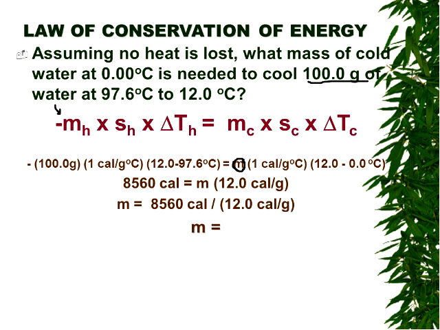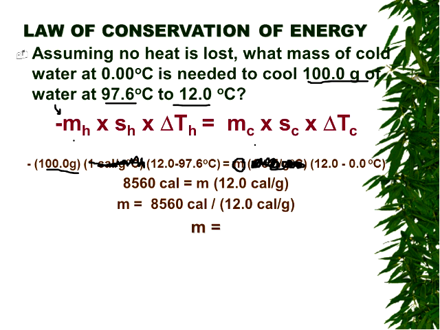So I need to make this one my 100 grams, because now it's two different types of water I'm talking about. Basically, how much of this cold water do I have to put in this water to change the temperature? So 100 grams is needed to cool water from 97.6 to 12. Just so you know, if the specific heat is the same on both sides, you can just get rid of it. They're both water.